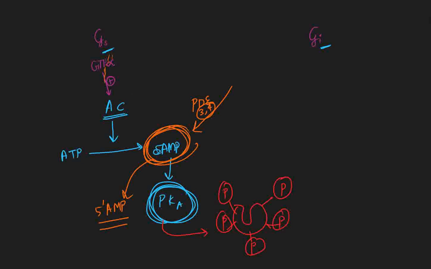Now another thing to note is that phosphodiesterase 5 enzyme, this acts on cyclic GMP and converts it into 5' GMP. One thing that you should remember is cyclic GMP is not a G protein coupled receptor.